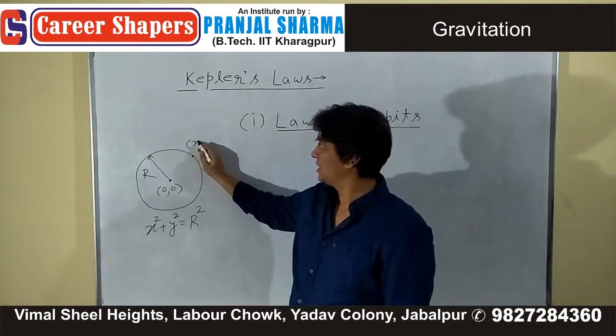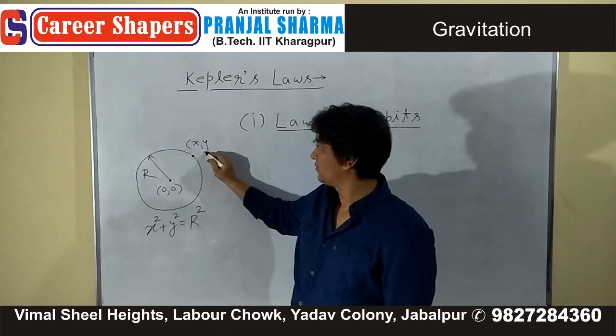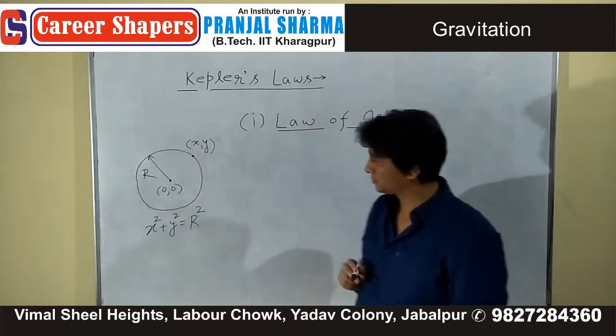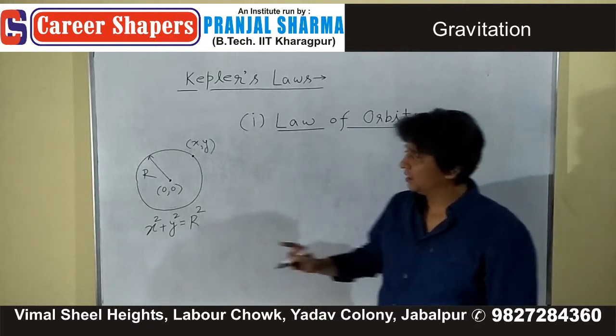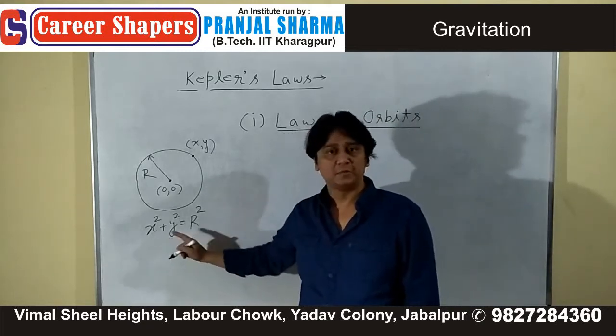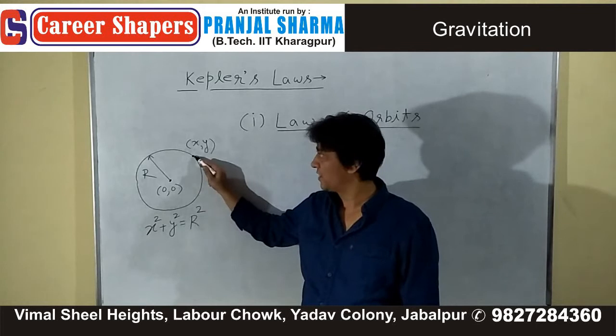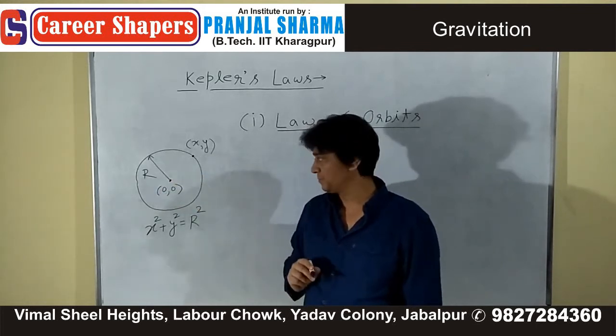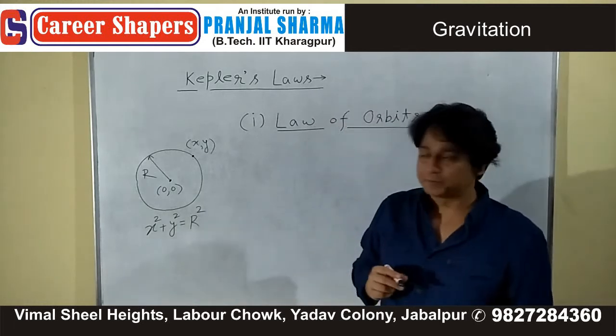What is x and y? They are coordinates of any point which lies on the circle. It means that the distance of any point from the center is always what? R.